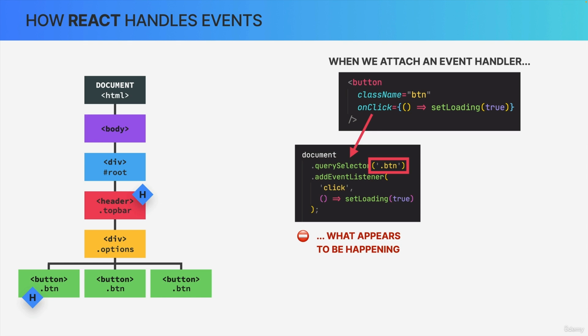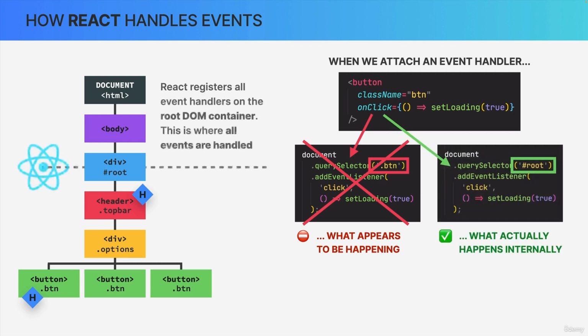However, this is actually not what React does internally. Instead, what React actually does is to register this and all other event handler functions to the root DOM container. And that root container is simply the DOM element in which the React app is displayed. So if we use the default of create React app, that's usually the div element with an ID set to root.